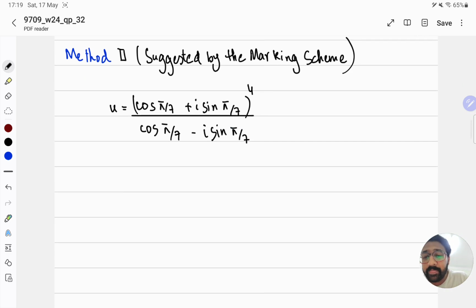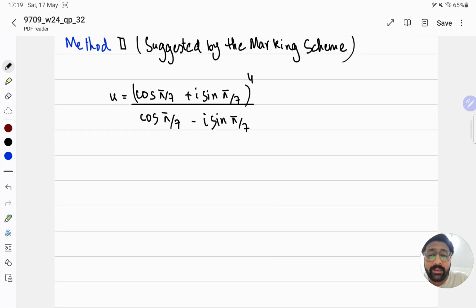This was the question. Now if you look over here at the complex number, there is a numerator and there is a denominator. So we are going to treat both of them separately. Let's look at the numerator first.